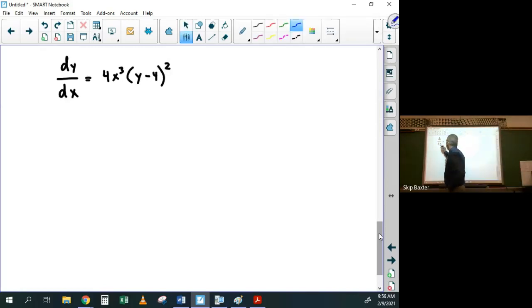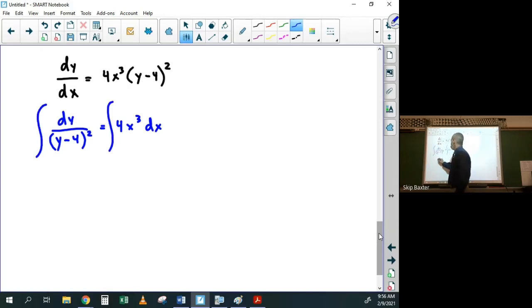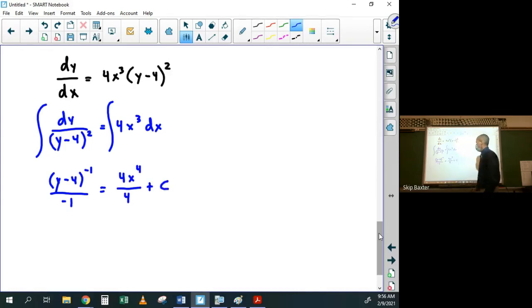All right, so I have dy over y minus 4 squared equals 4x cubed dx. So when you integrate, this is going to be y minus 4 to the negative 1 over negative 1 equals 4x to the 4th over 4 plus c.